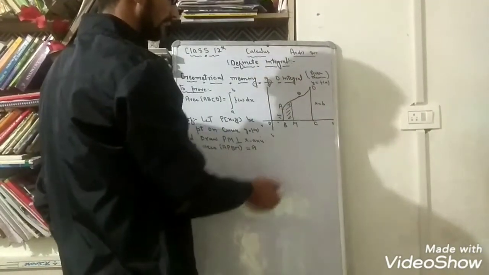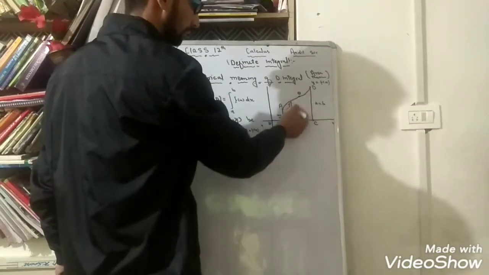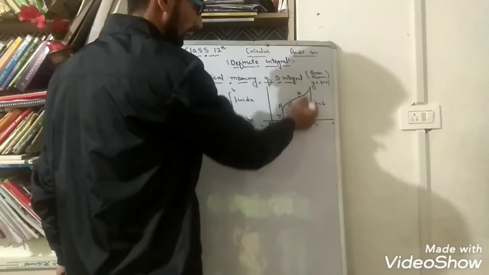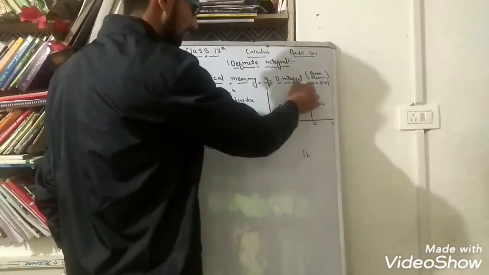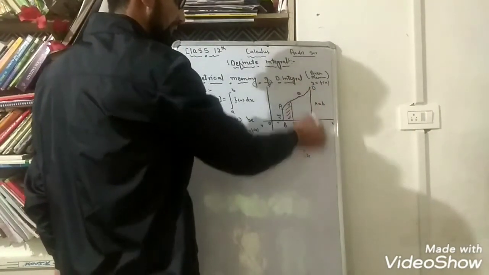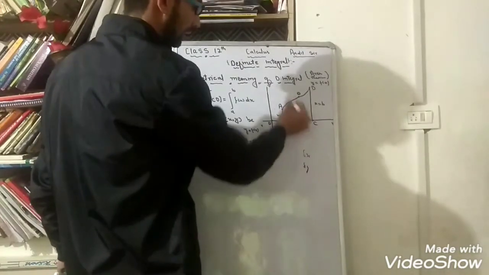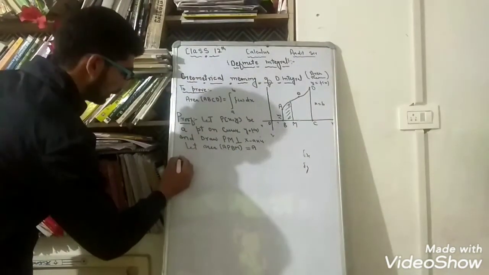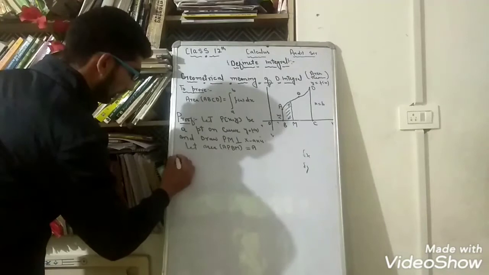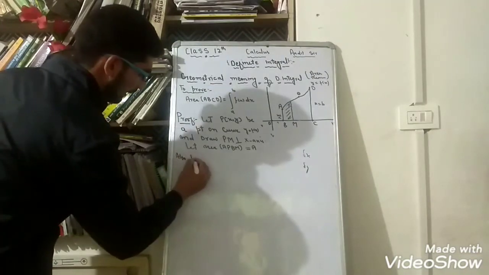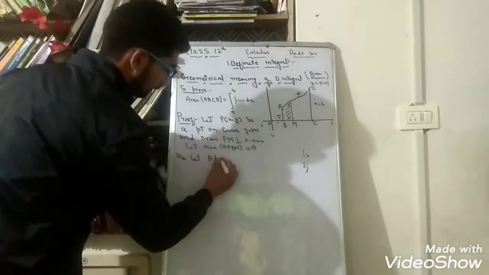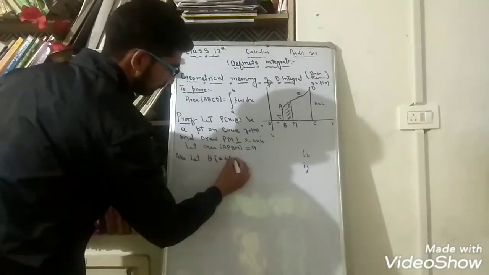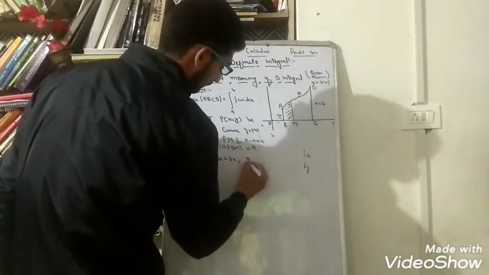I will take the distance on the x-axis as del x, and the increment of the ordinate as del y. So I will take Q as x plus del x comma y plus del y.